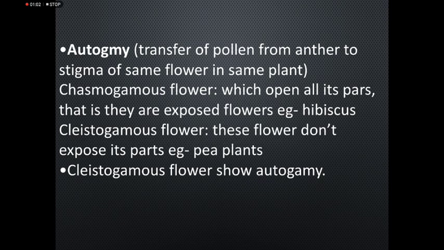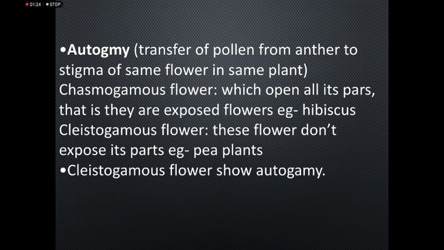Autogamy is transfer of pollen from anther to stigma of the same flower in the same plant. There are two types of flowers present. One is the chasmogamous flower and another is the cleistogamous flower.